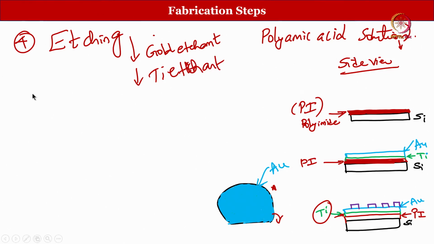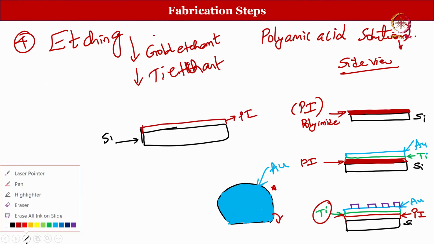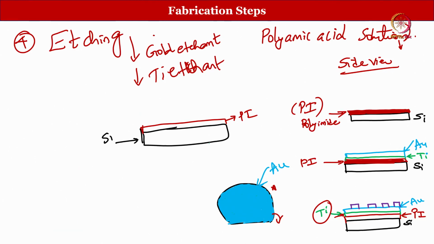So, after removal what will happen, how does it look, right. Let me take the color. So, you have silicon, then you have polyamide. I told you already Pi stands for polyamide, right. Then you have titanium, right, titanium only in a few places, the remaining places it is etched away.